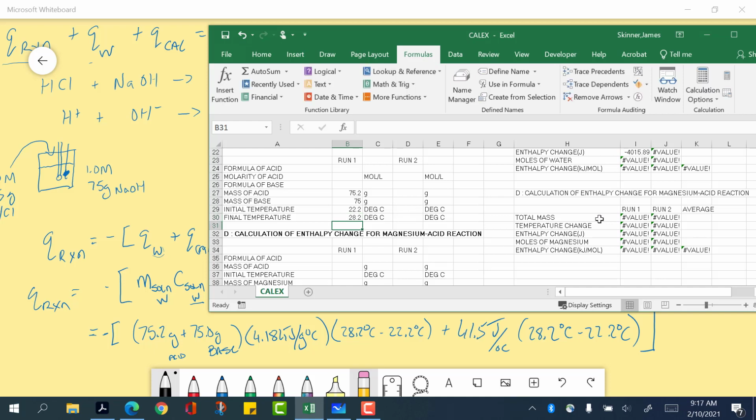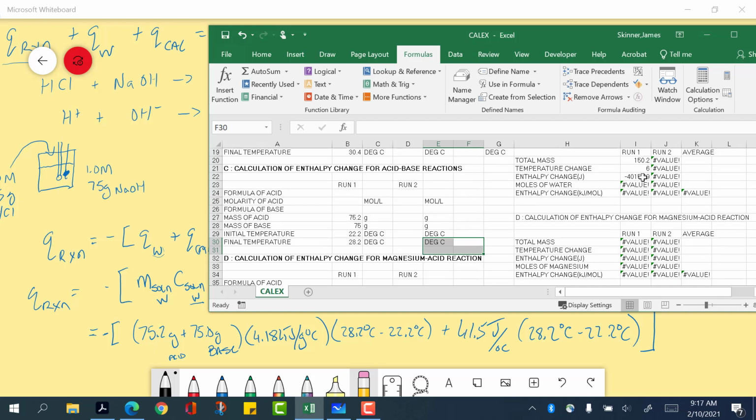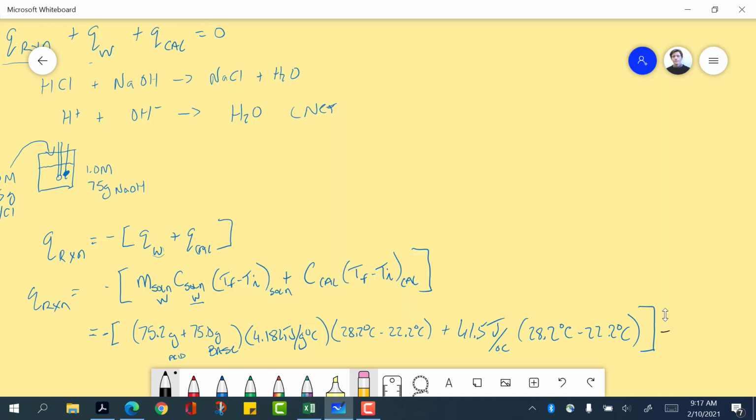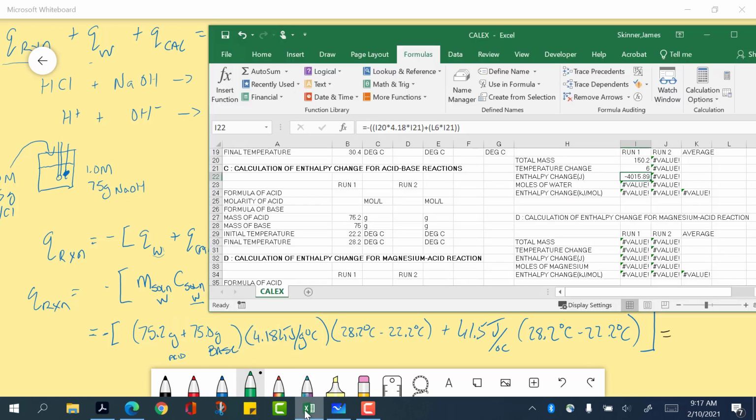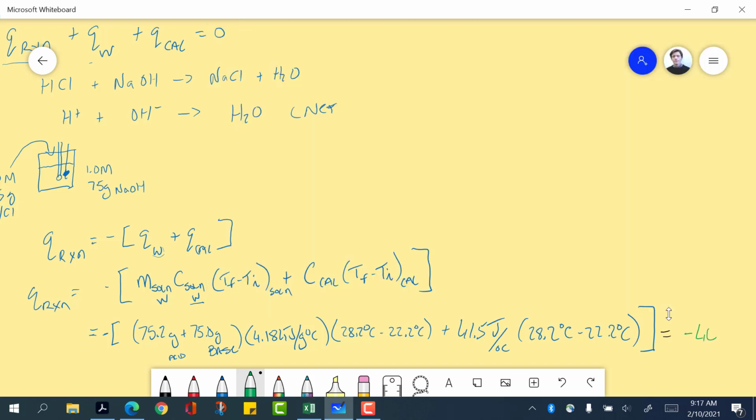And from that, they get the enthalpy, or the heat of reaction, as right there. They've got it as minus 4,015.89 joules, or about 4,015 joules right there.